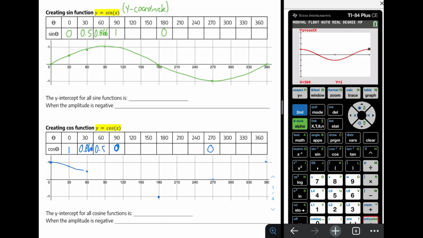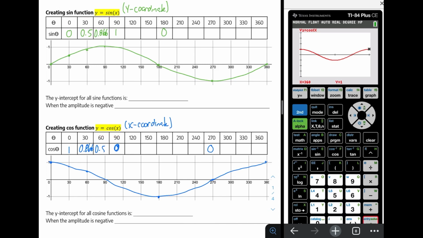So this graph kind of looks something like this. What's super important is that both of these curves have the same look, right? Both of them are oscillating. They're just starting at a different position. And that's the most important difference between our sine curve in this course and our cosine curve.